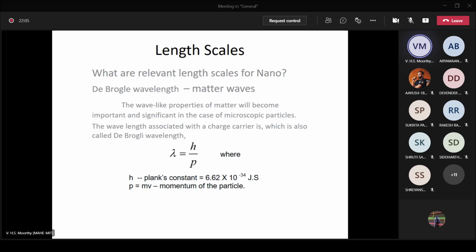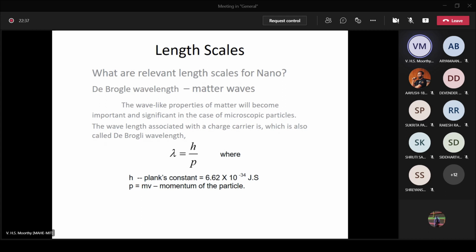So at what dimensions of the particle the material will start exhibiting, not necessarily fully exhibiting, quantum property, that is called the length scale of the nanomaterial. It may not be totally quantum, but it is now closer to a quantum material or quantum particle.